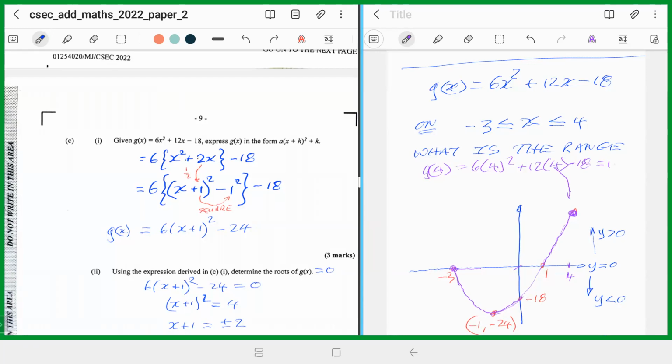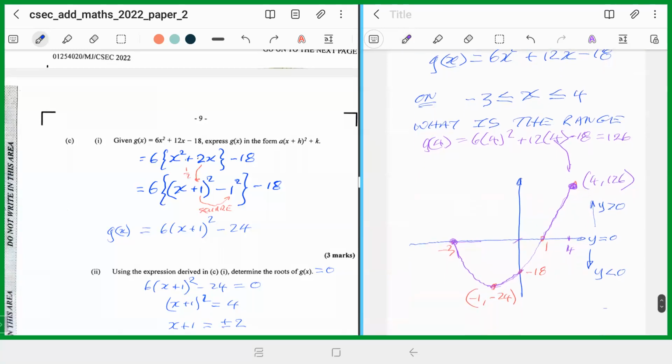Not to scale, don't worry about it. So we said this point is 126. That point is 126. So tell me now, what is my range?